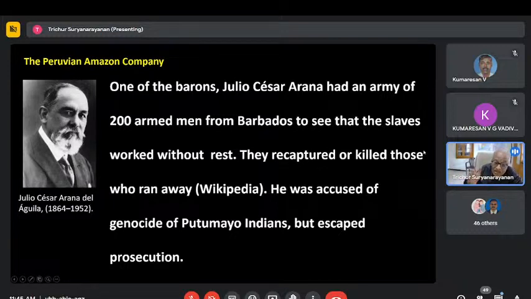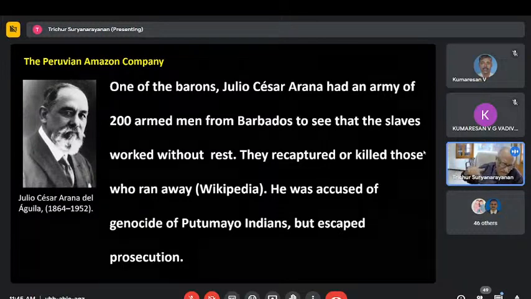They saw that the slaves worked without rest. If somebody escaped, they would recapture that fellow and kill him. Or they kept the person's family, wife and children, in a small hut, and said, you have to go and collect rubber and come back by this day. If you don't return, your family would be killed.